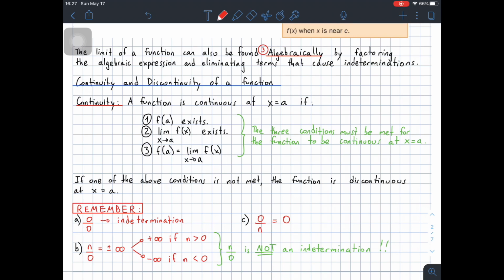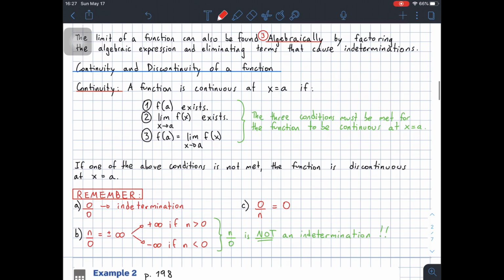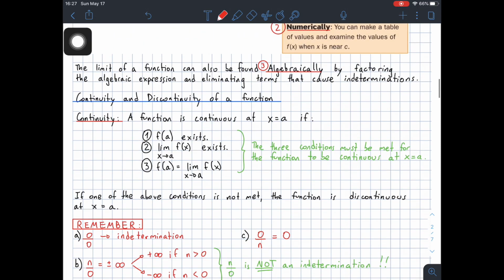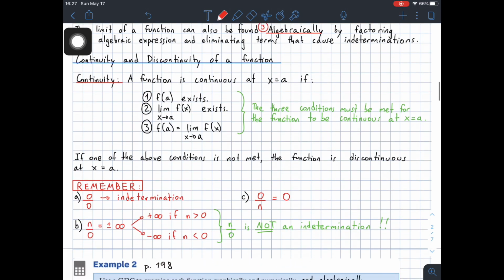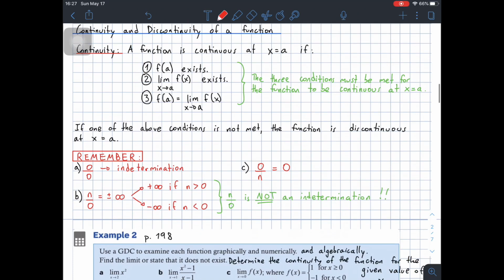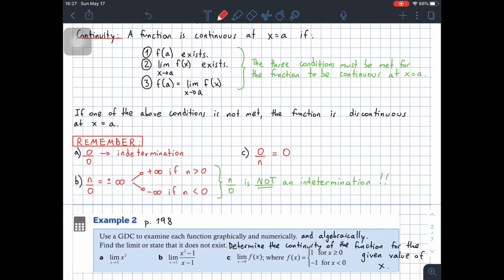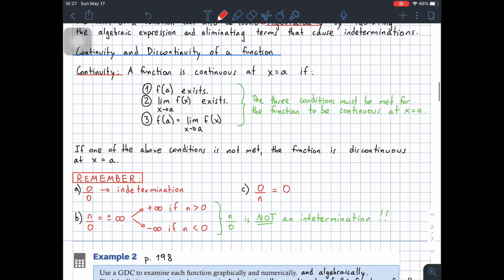I know this may sound confusing, but just wait until we get to the examples and you will understand this better. So the three conditions must be met for the function to be continuous at x equals a. If one of the above conditions is not met, the function is discontinuous at x equals a.